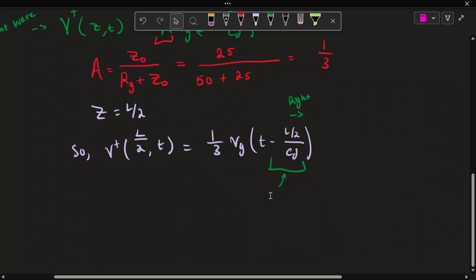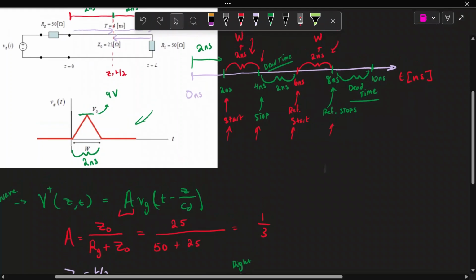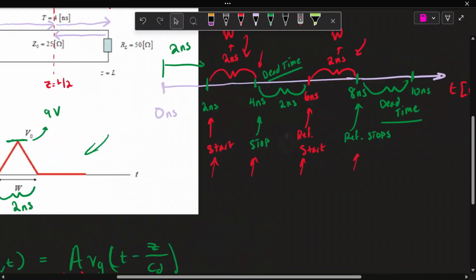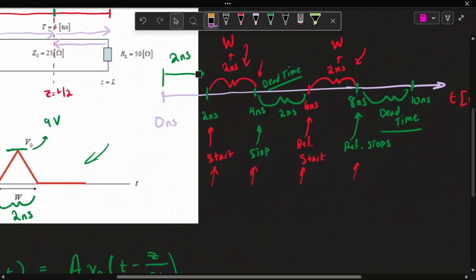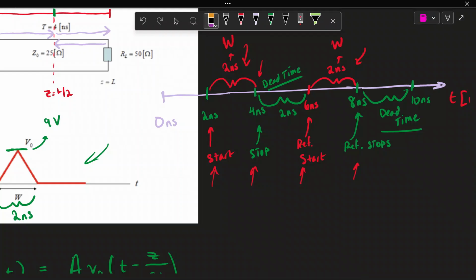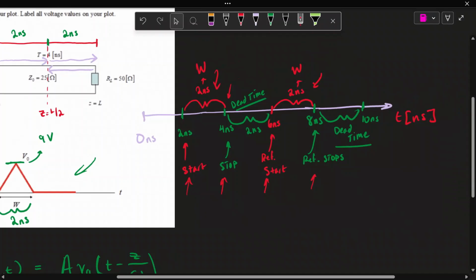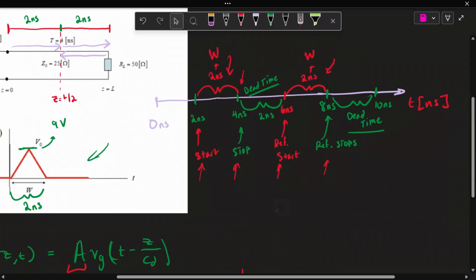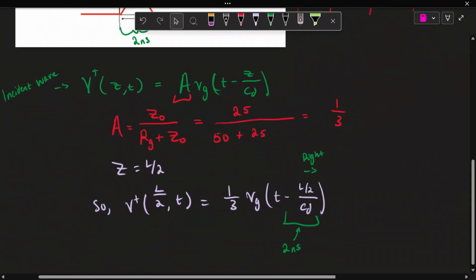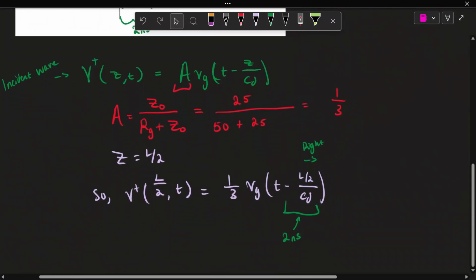This is equal to 2 nanoseconds, or the time that your incident wave starts. So wherever your incident wave starts is going to be the time shift of your voltage incident wave equation. This makes it very easy. If you do this, really all you're solving for is the A value here. I mean, it's so straightforward here.